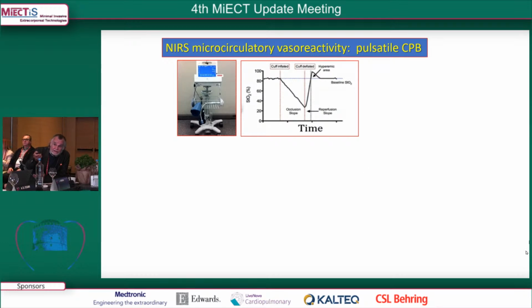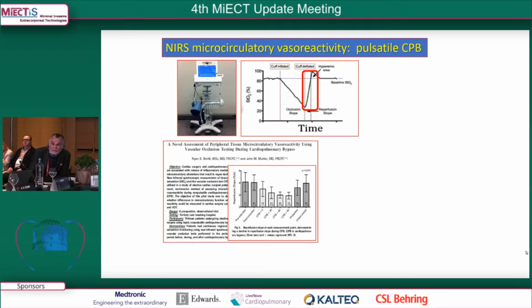So we have normative data, and then we can use this to look at patients at various intervals, both during the procedures and after the patient is weaned from the heart-lung machine.